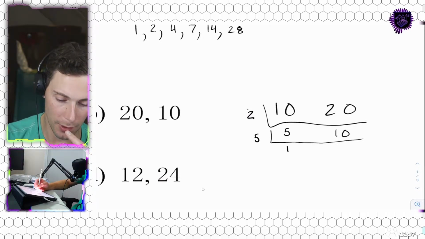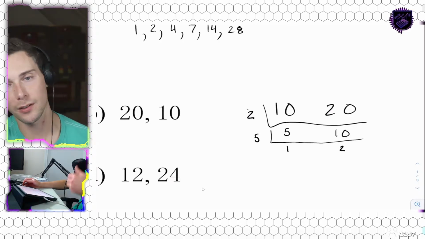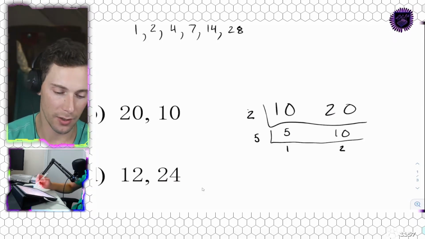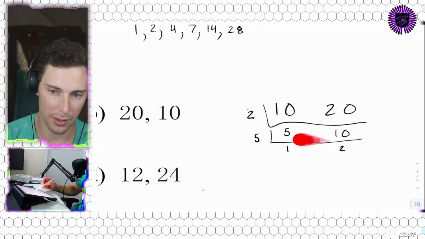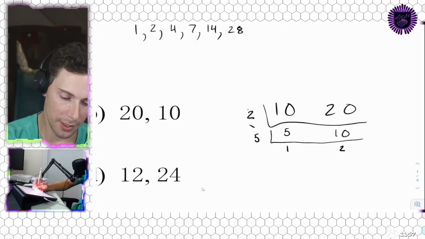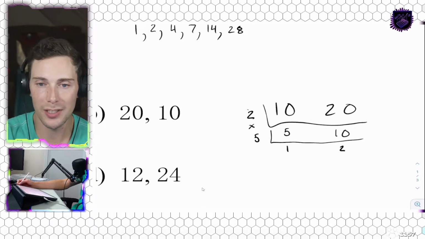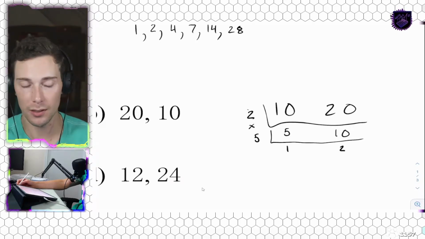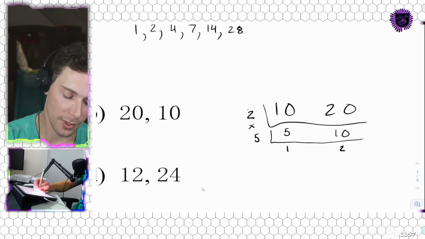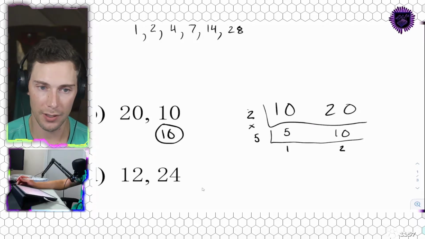And that goes in once and twice. And now with 1 and 2, there's no common factor other than 1. But now you have 2 rungs on this ladder, so you'd simply multiply 2 and 5 to get to the greatest common factor. 2 is a common factor, 5 is a common factor, but it's not the greatest common factor. So you'd multiply 2 and 5 to get to our 10. Right? 10 is the greatest common factor.